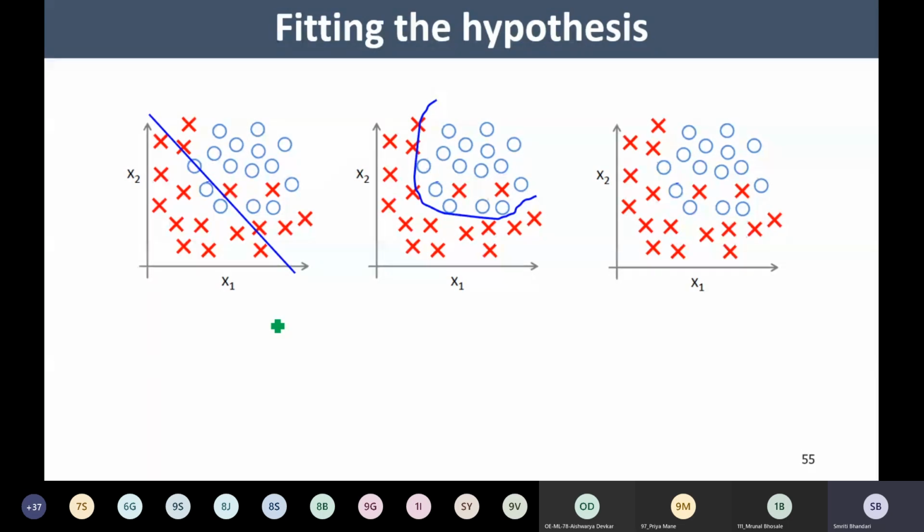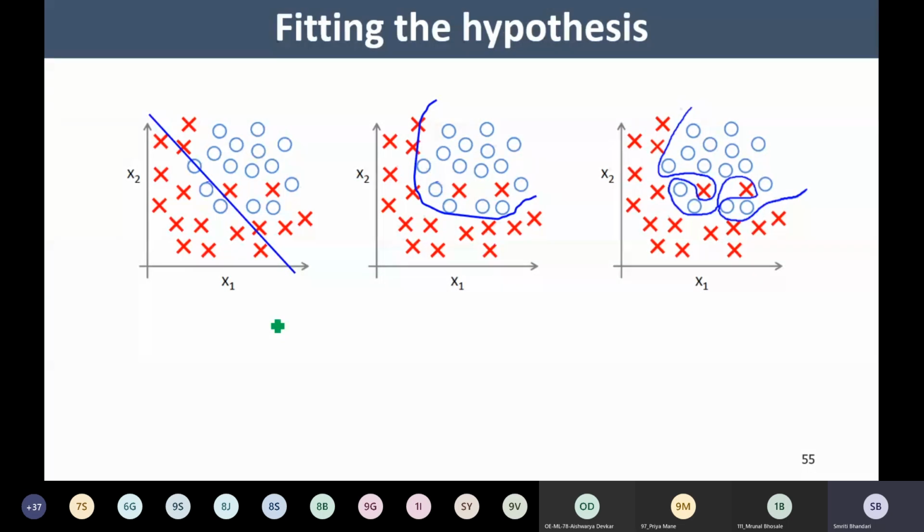Now, in the third situation, I may come up with such a function also. This is a very non-linear function. So all these three kinds of functions we may have.